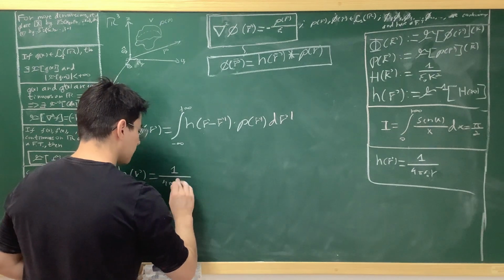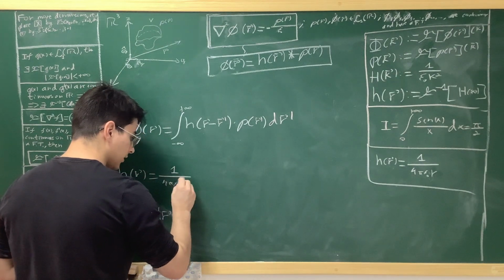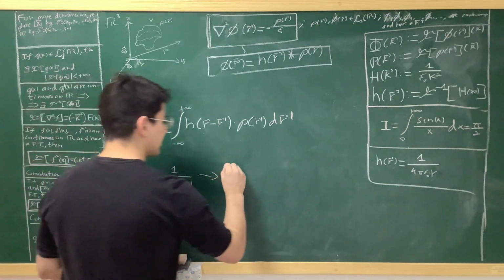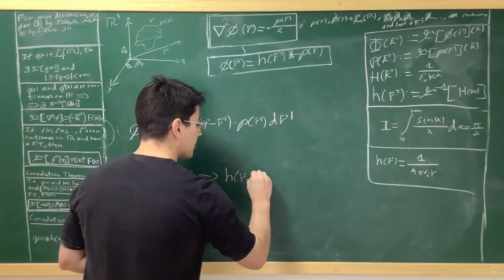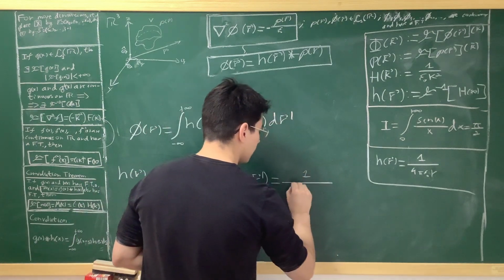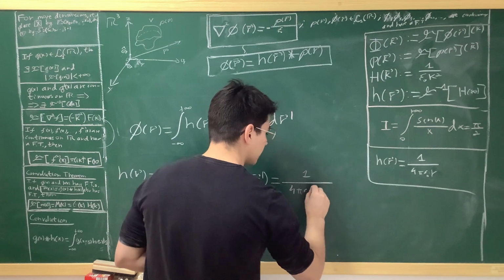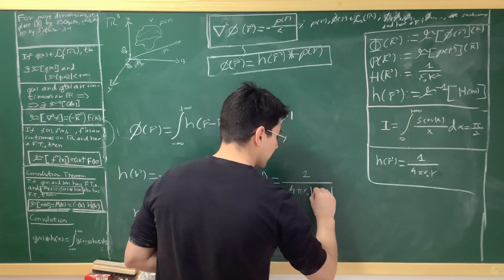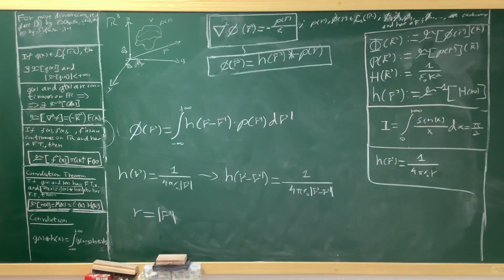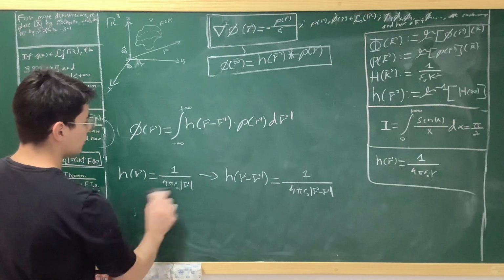By doing convolution, we get that h of r minus r prime is just 1 over 4 pi epsilon naught, the modulus of this new vector, r minus r prime. Okay, so that's what we get.